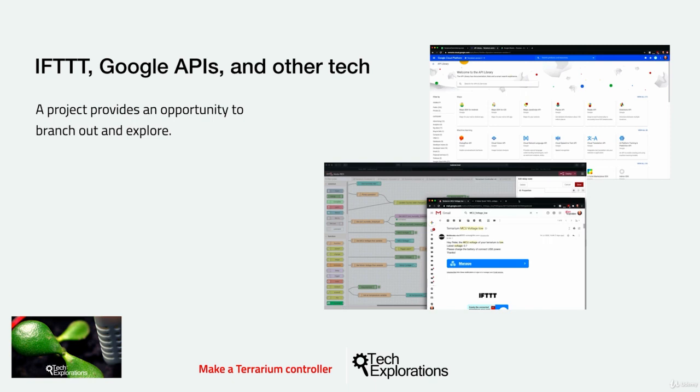A project gives us an opportunity to branch out and explore. While my primary learning objectives were Node-RED and MQTT, a more complete deliverable required adding additional components. I decided to use Google's Drive and Sheet APIs and If This Then That as representative technologies of what is available to makers right now.